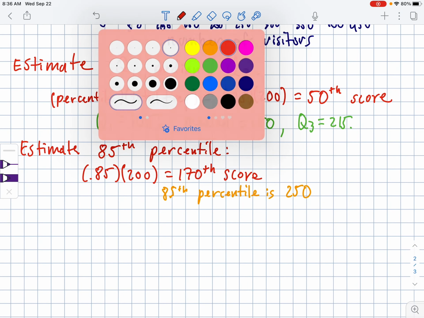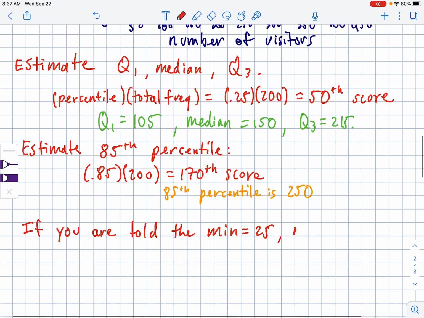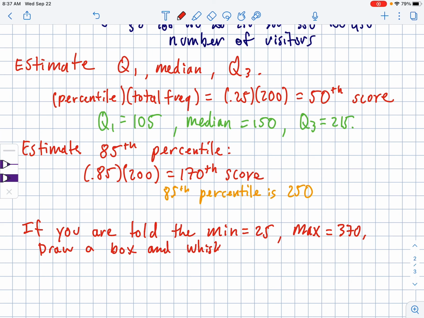Then they say, if you are told the minimum people that they had on any day was 25, and the maximum amount of people they had was 370, draw a box and whisker plot.